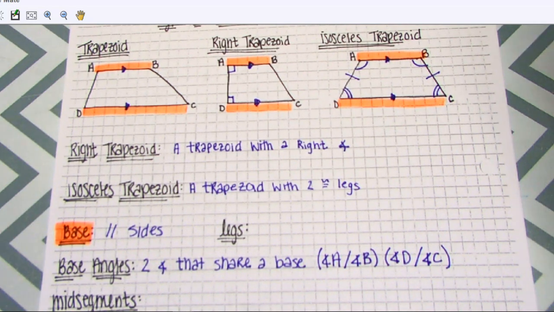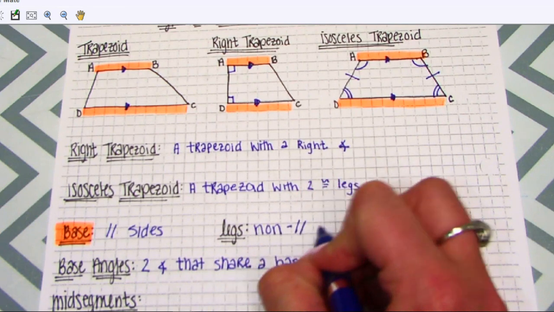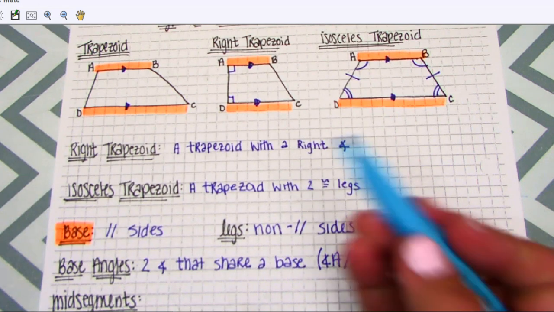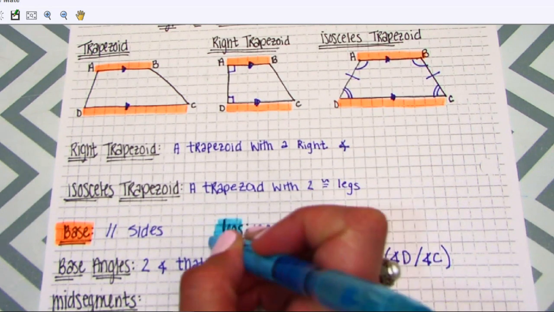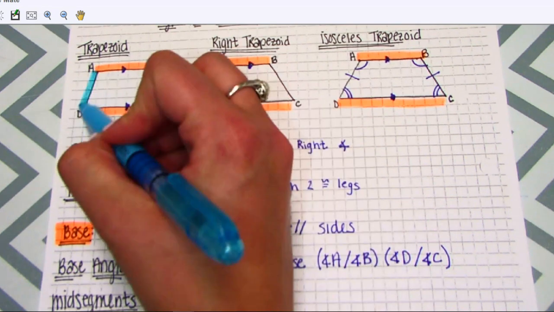And then last, you have the legs. The legs of the trapezoid are the non-parallel sides. So in your picture, that would be like AD and BC. Those would be referred to as legs. So this side and this side.